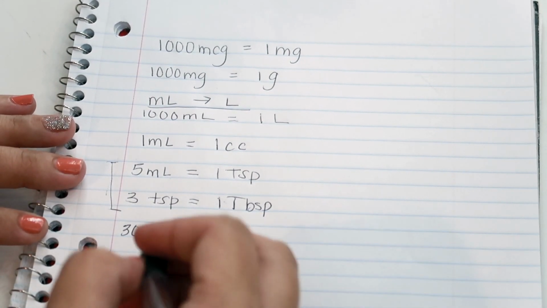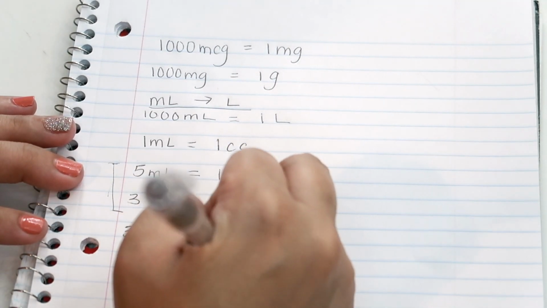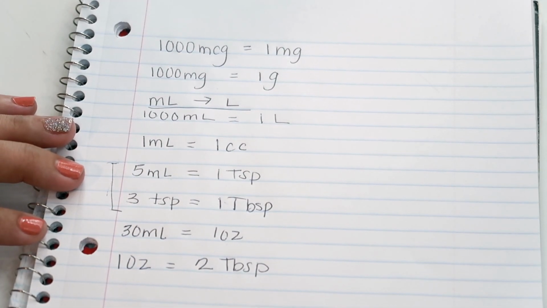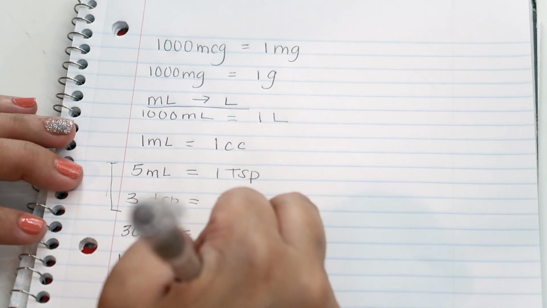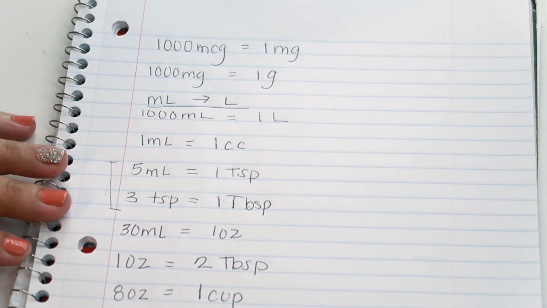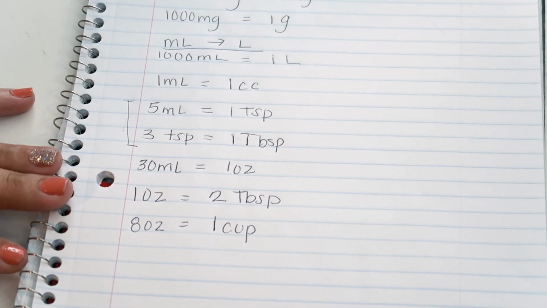Okay, so then we're going to do ounces. So 1 ounce equals 2 tablespoons. And then 8 ounces equals 1 cup. Okay? And then our infamous kilograms to pounds. It's very important.